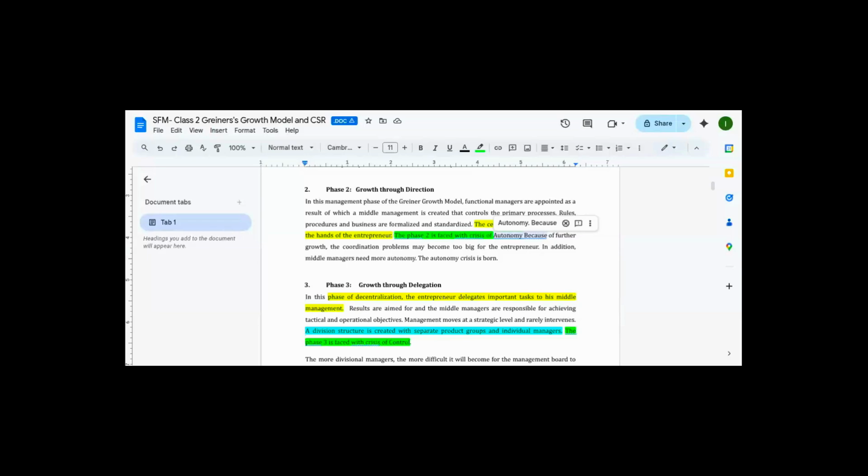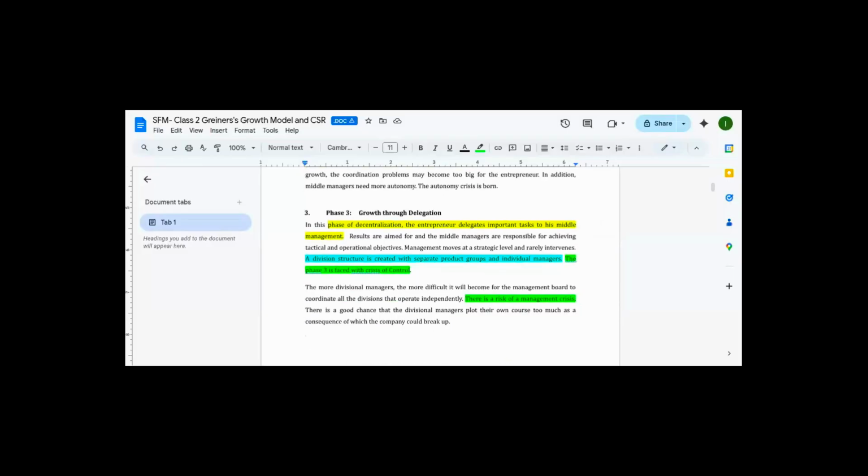This crisis of autonomy can be resolved through further delegation and supervision, monitoring, and managing both human and material resources. And that is exactly what the company will do in phase 3. In phase 3 of the Greiner growth model, there's an increase in age and size of the company.